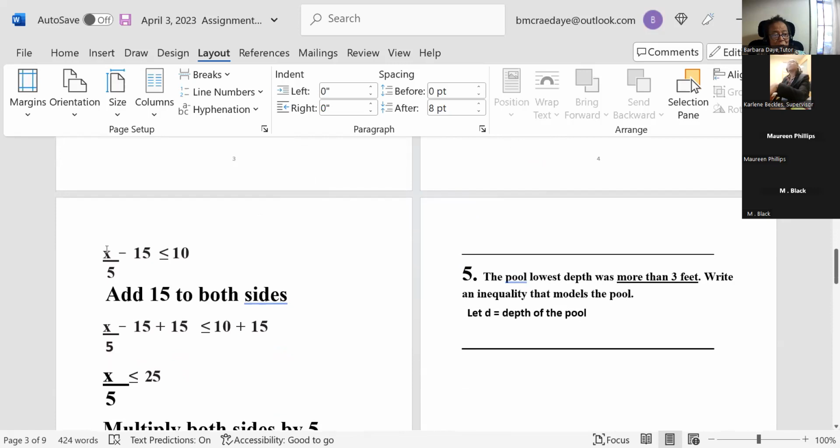Yeah, but if you had gotten your 125 and you substituted it in here, right here, x over 5, you would have said 125 divided by 5 is 25. If I subtract my 15 from it, I get my 10. So I know that's my answer. And I know it's a positive because the answer I get is a positive.